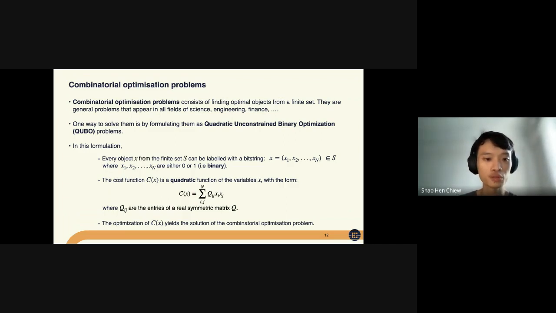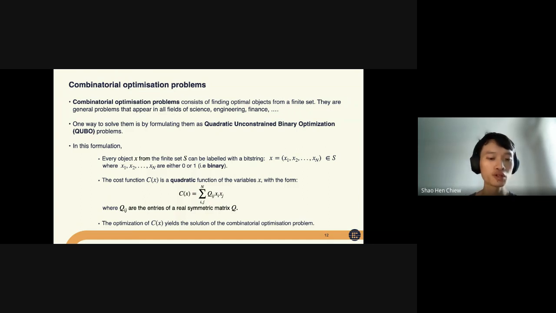So the cost function must be quadratic in the variables x, where I remind you that the xi's can take values 0 or 1. When this function is quadratic, we can write it mathematically like this, where Q is a real symmetric matrix and Qij are just the elements of this real symmetric matrix.